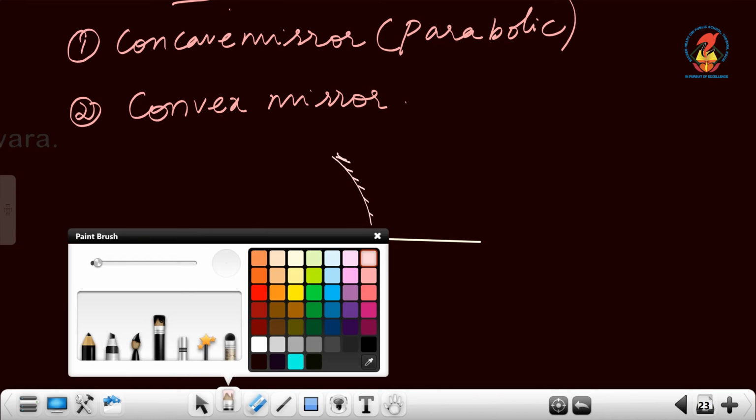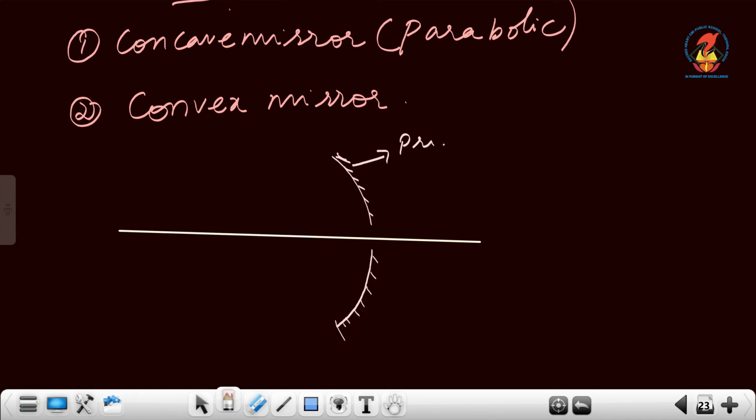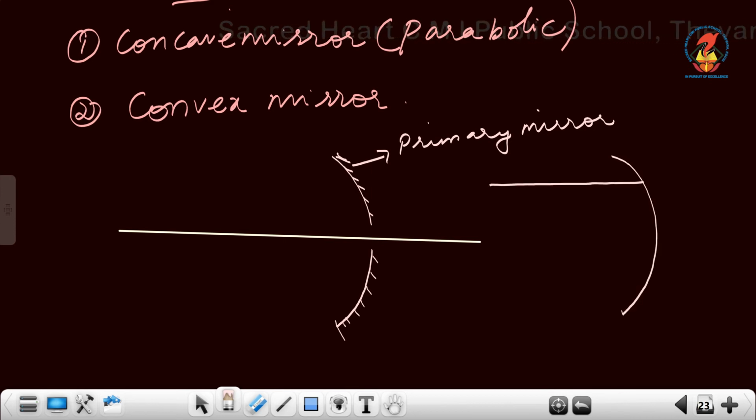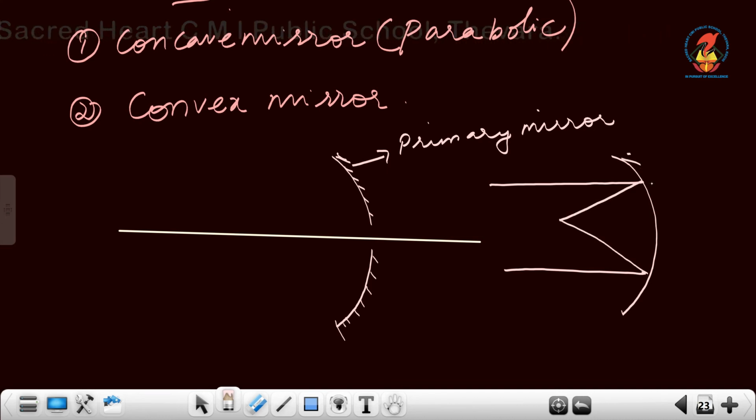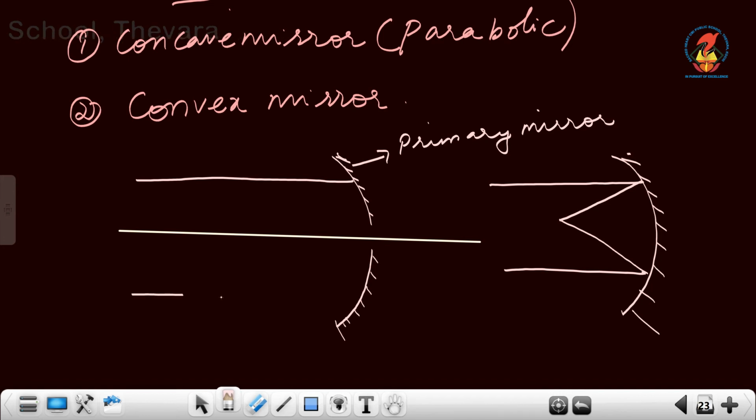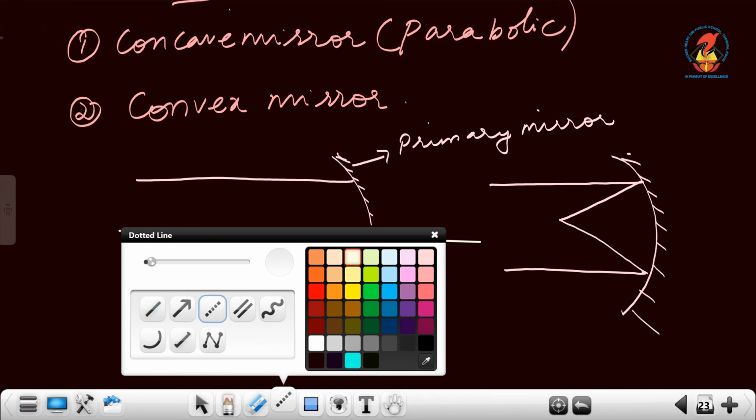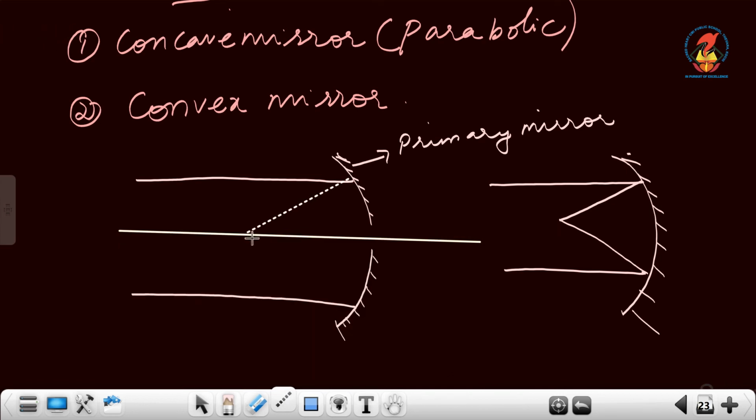Now, this mirror is known by the name primary mirror. We all know that when a ray of light comes from infinity, from a very distant point object, after reflection it meets at the focus, isn't it? Now, here also the same thing happens. A ray of light from a very distant object is incident on the mirror, and then it undergoes reflection and it must meet at the focus.